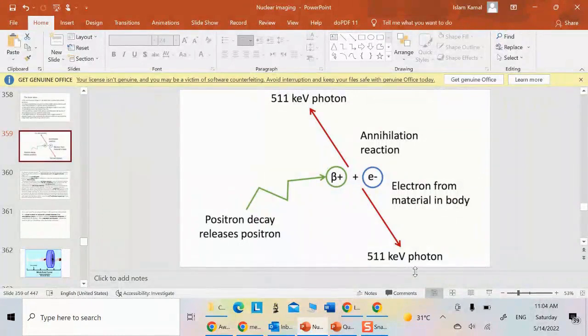We talked last time about the different types of crystals, BGO and LSO, and discussed the parameters that determine the quality of the crystal and why a crystal should be good. For example, in spectroscopy, we use sodium iodide crystal.